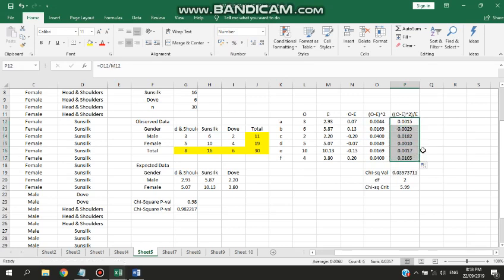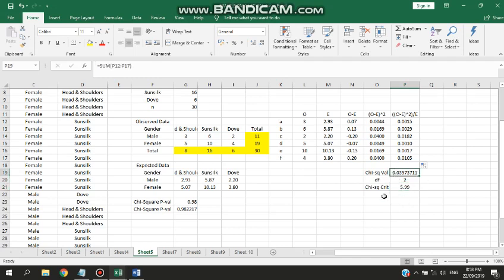Anyway, so there it is. The chi-square value is pretty low. The chi-square critical value is 5.99 if you consult a chi-square distribution table, with degrees of freedom for this sample set of 2. The chi-square value is lower than 5.99.